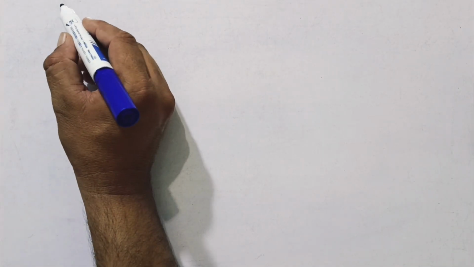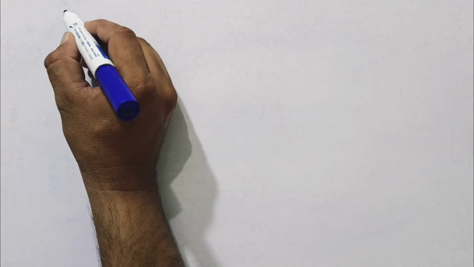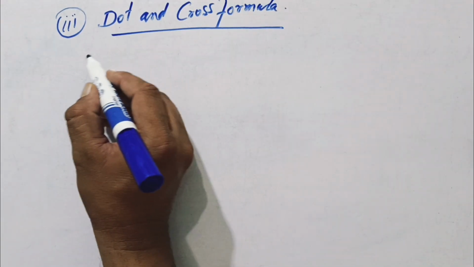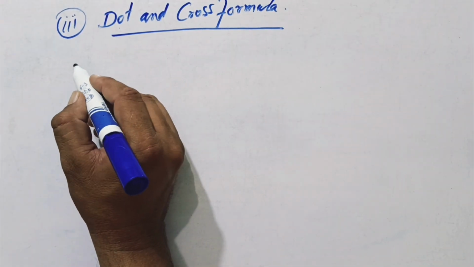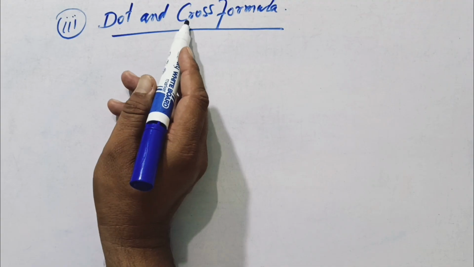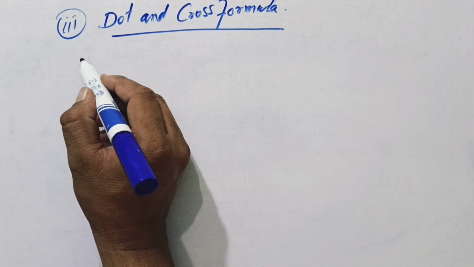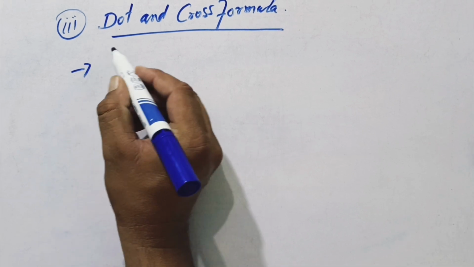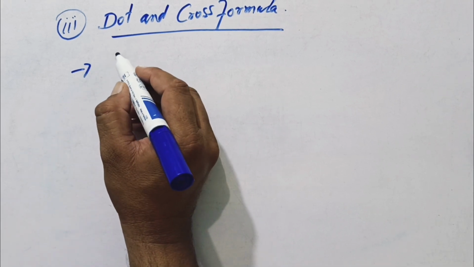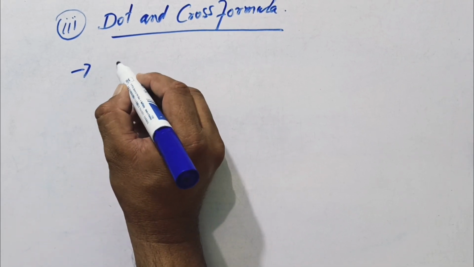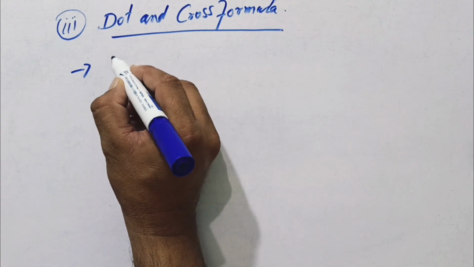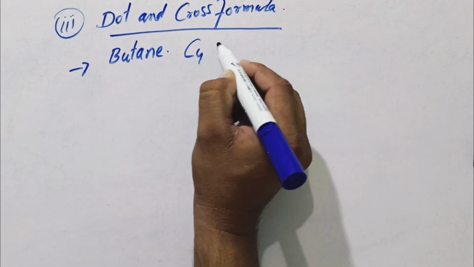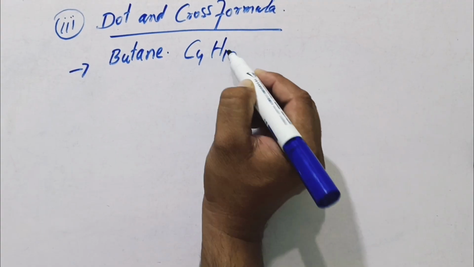The third type of formula is the dot and cross formula. We have to put the dot and cross instead of bond, and we know that in the bond the electrons are actually present. So first we take the example of butane, that is C4H10.